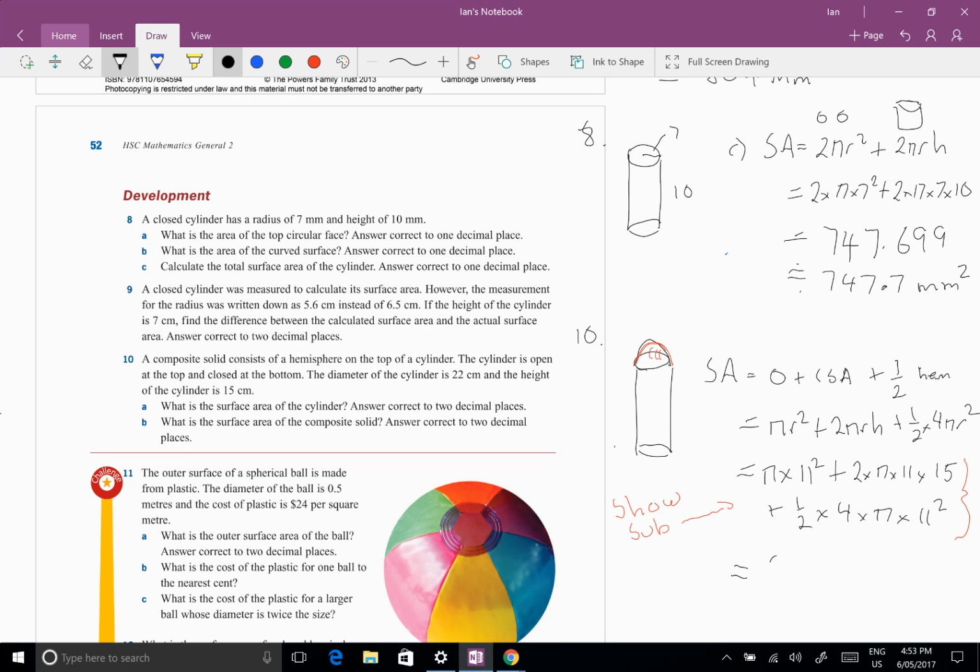And I get 2177. And what are we going to? 2 decimal places. 0.12 centimetres, is it? Centimetre squares. And the answer to question 10 is 2177.12. And we're exactly right.